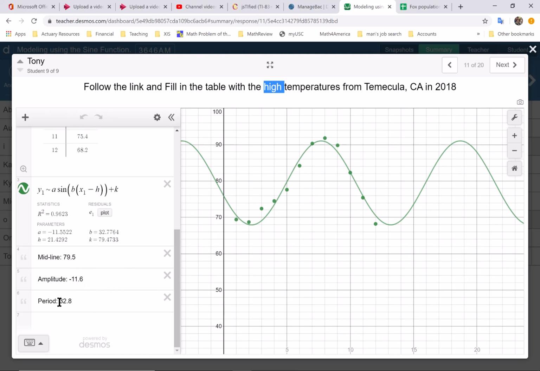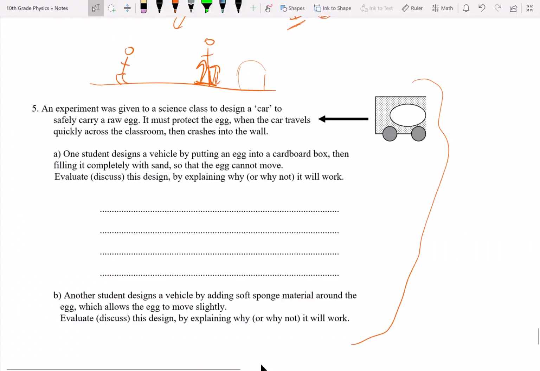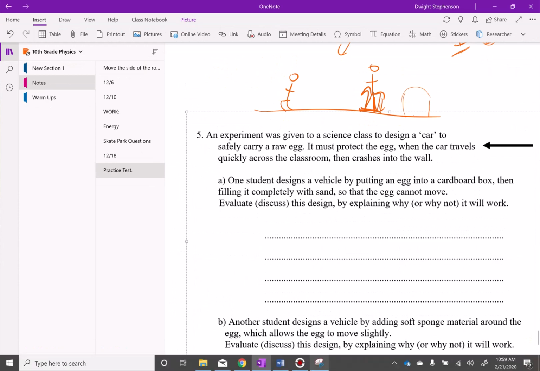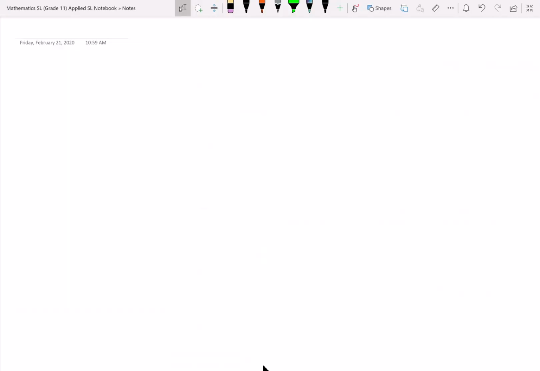And the period is 32.8. That's how long it takes. That's the b value. So the period's not actually 32.8, right? The b value is 32.8. So remember that the period is given by 360 over b.